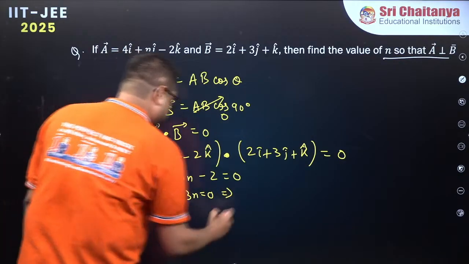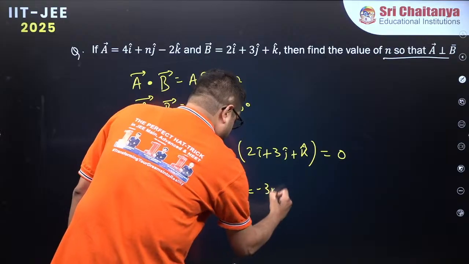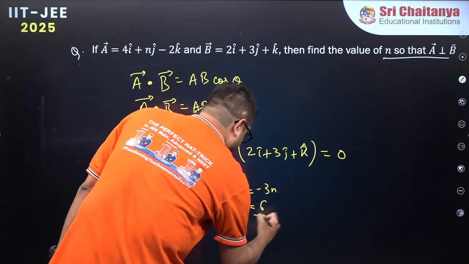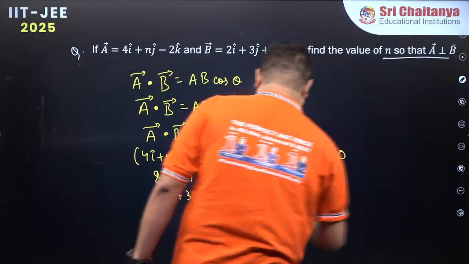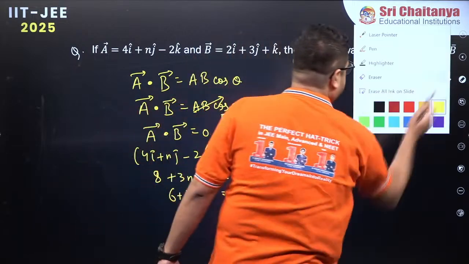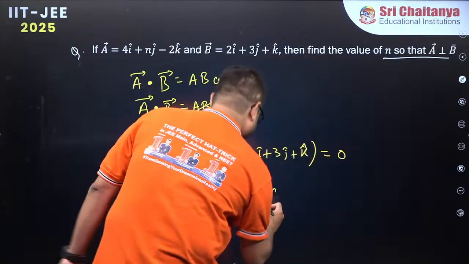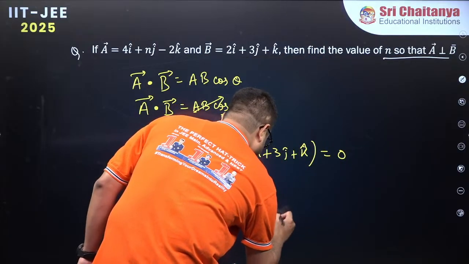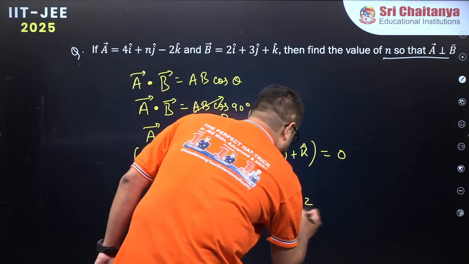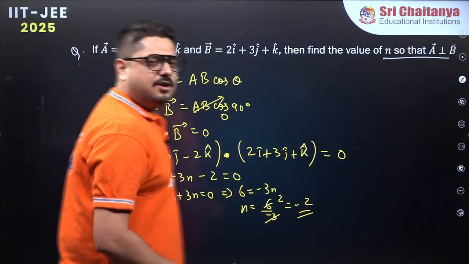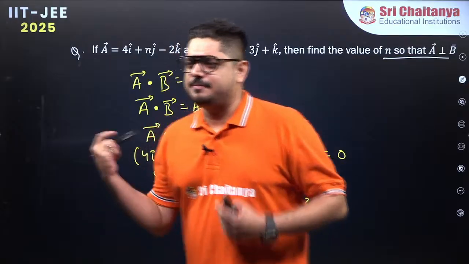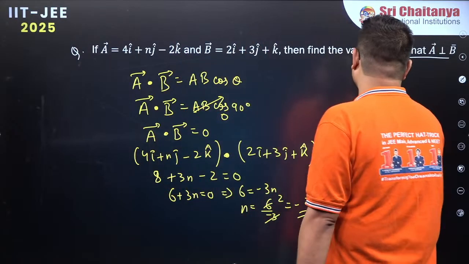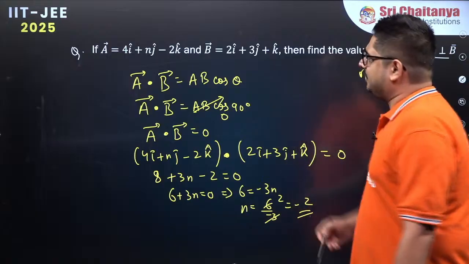So 6 is equal to minus 3n. So n is going to be 6 by minus 3, which is minus 2. Those who are getting minus 2, give a thumbs up. So the value of n for which A will be perpendicular to B is minus 2.